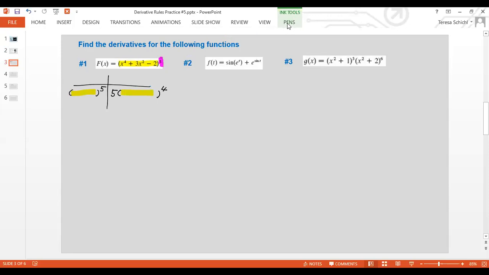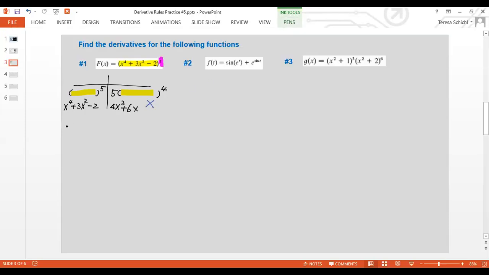Because I know how to use the power rule if it's just a single x here. And now whatever is inside is x^4 plus 3x^2 minus 2. Then you take the derivative of that, which is 4x^3 plus 6x, right? For the final answer you just multiply these two.